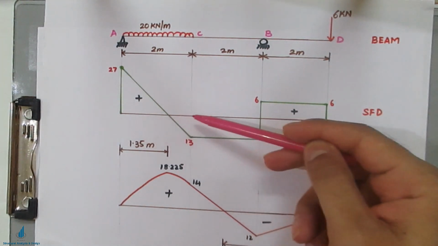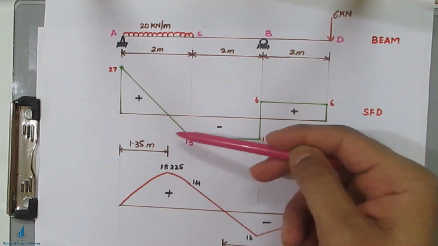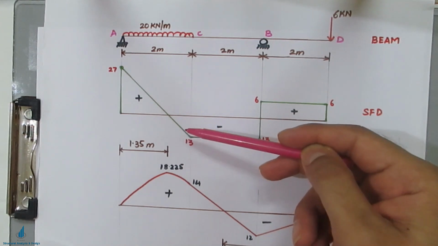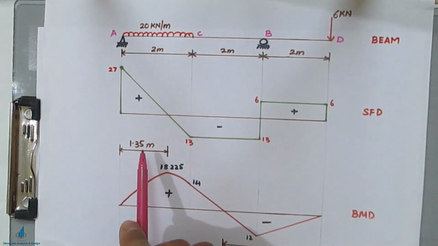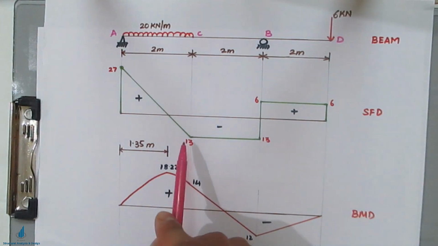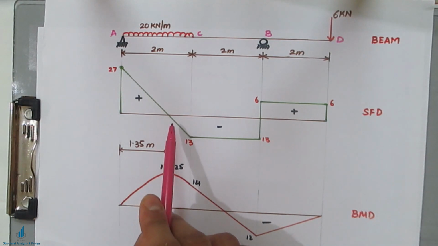So now you have to find the first x value, 1.35, the calculation which I have just shown. That x was 1.35 meter, because we don't know exactly at what distance the shear force is changing sign from negative to positive.